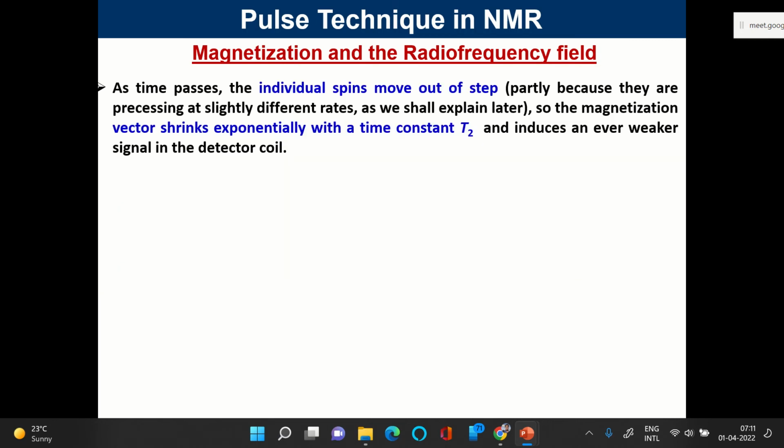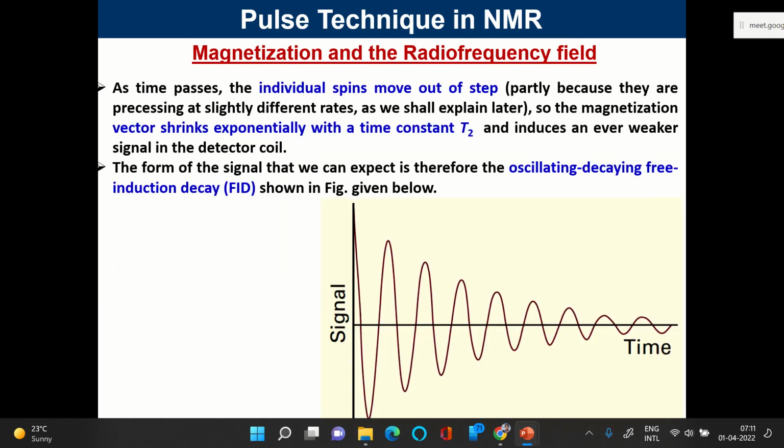To get that spectrum, you have to process the signal. If you have only one type of nucleus in a molecule, then possibly you will get this kind of signal. You can see the exponential decay profile very clearly.